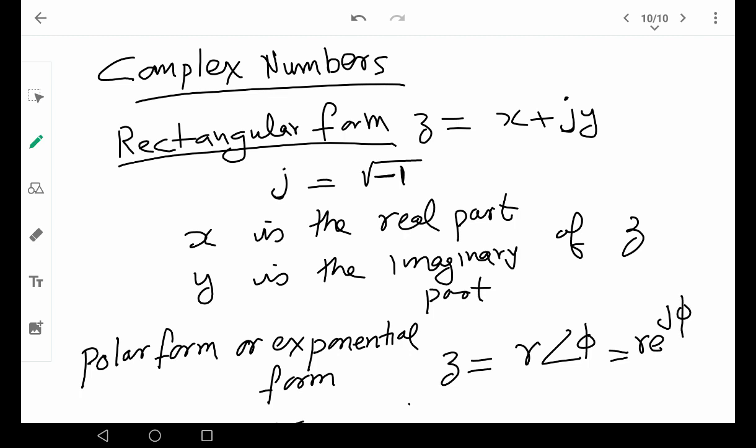Both forms are actually the complex forms. Z equal to r angle phi or r e raised to j phi.